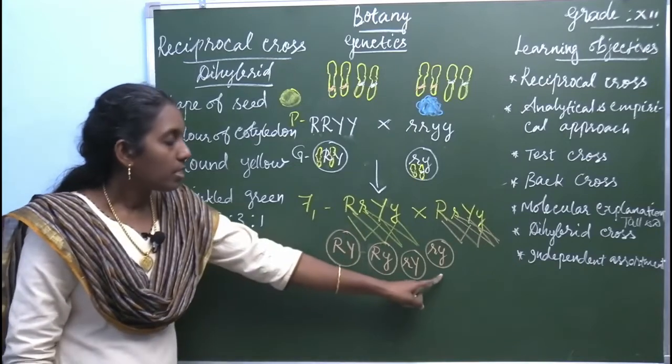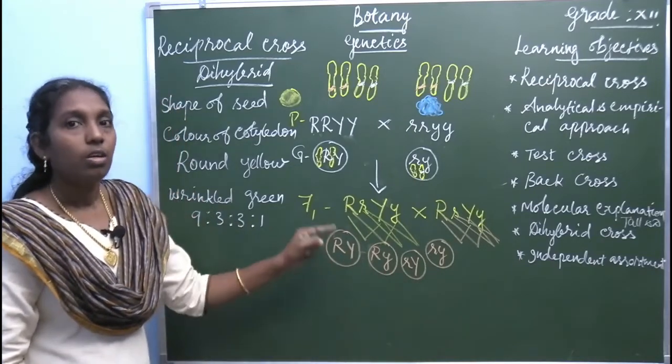Now, when you take this ratio, you will get the dihybrid cross.